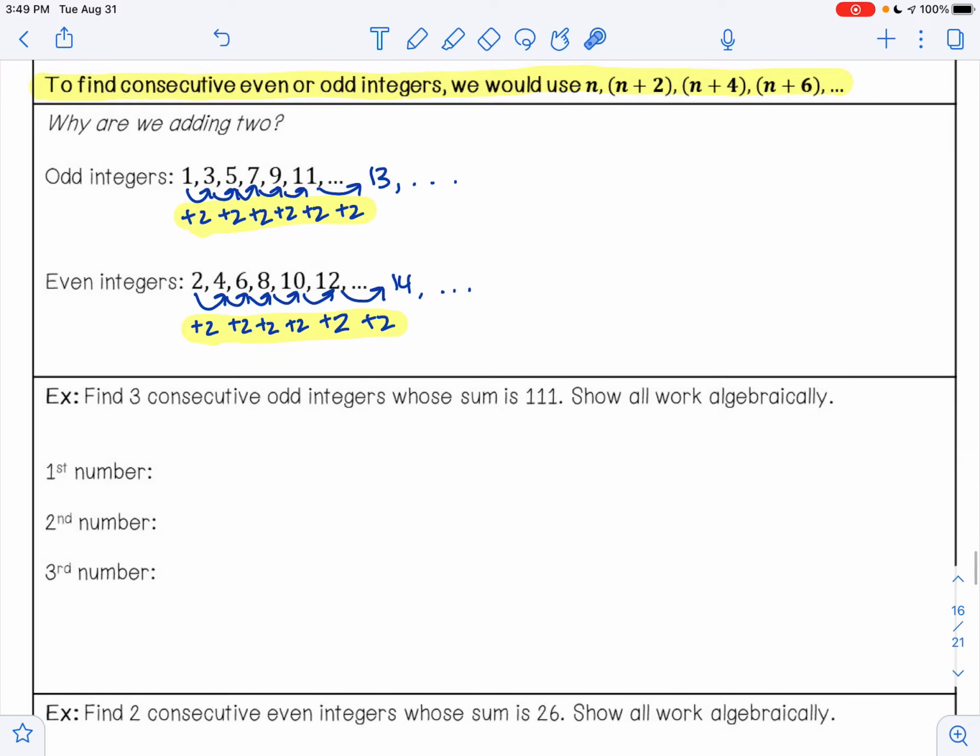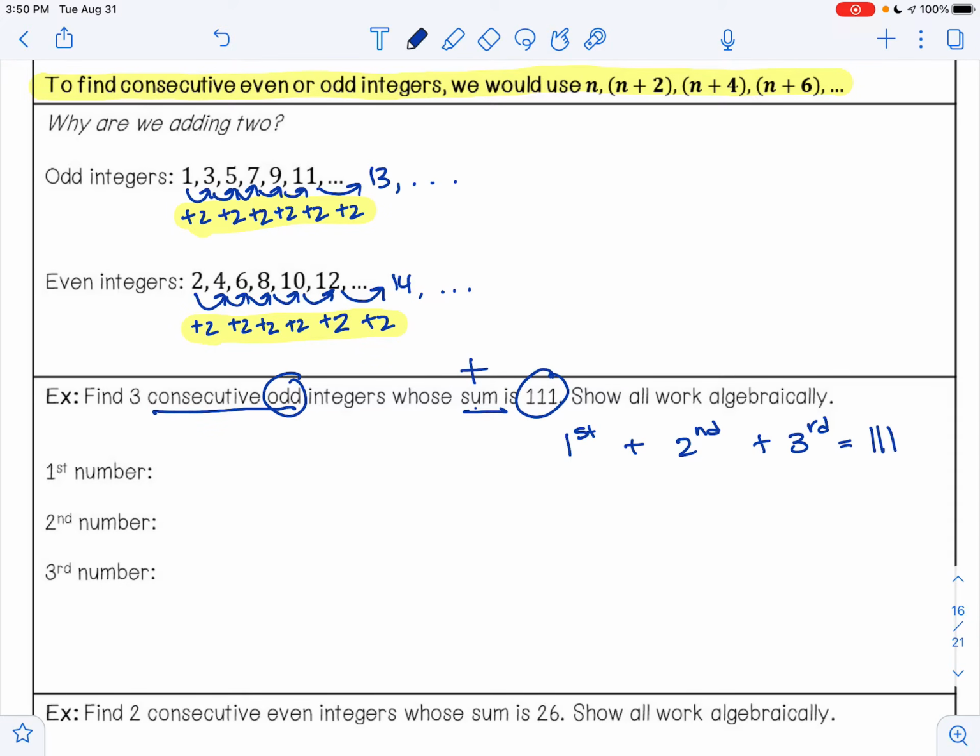In this next example, it says find 3 consecutive odd integers whose sum is 111. Show all work algebraically. So I'm going to have my first number plus my second number plus my third number, and that's going to equal 111, because that's what they tell me right here. Again, I'm adding because they told me I'm finding the sum.